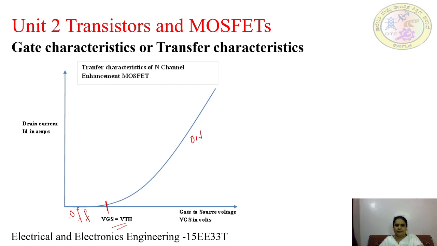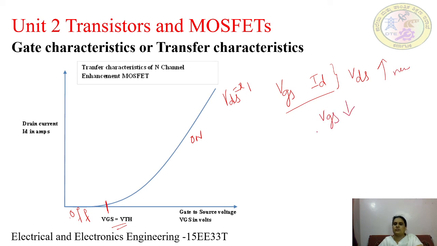Again, if I increase the value of VGS, then ID is going to increase. This I obtain for a particular value of VDS equal to X1. If I increase the value of VDS to a new value, then your VGS is going to reduce.